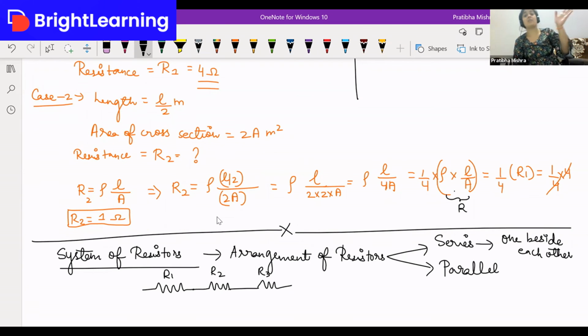Because V is equal to IR. Got it? Resistance is inversely proportional to current. More the resistance, less the current. Next. In parallel, what happens? You place them one below each other. So in this, the resistance gets reduced. One below each other. R1, R2. So this is the basics.